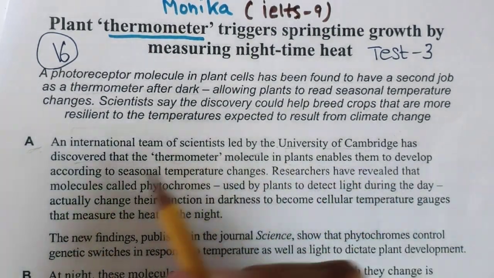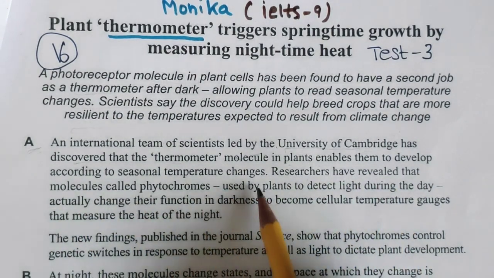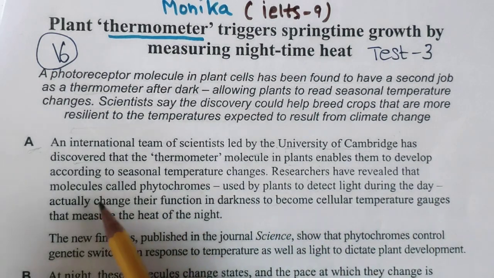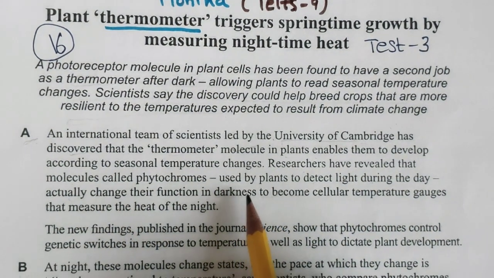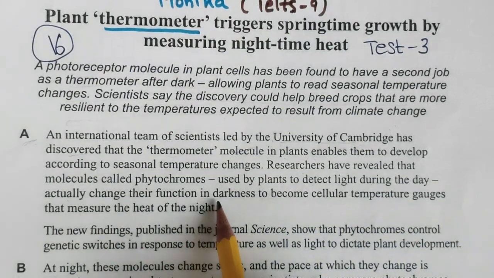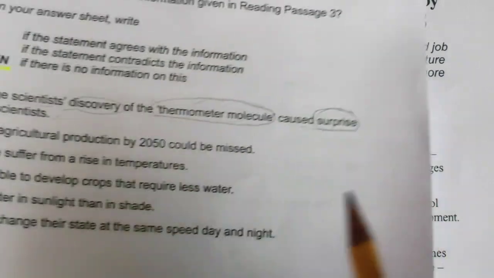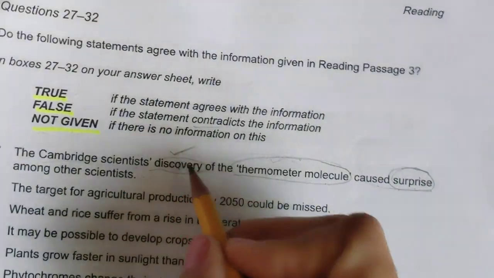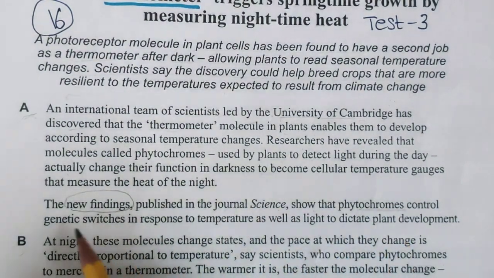In plants, enable them to develop according to temperature, researchers have revealed, called phytochromes used by plants to detect light during the day. Actually, your pencil should move like that, and you have to read it very fast. In darkness they become cellular temperature gauges that measure the heat of the night. Okay, the new findings means discovery. Discovery published in the journal Science shows that control.